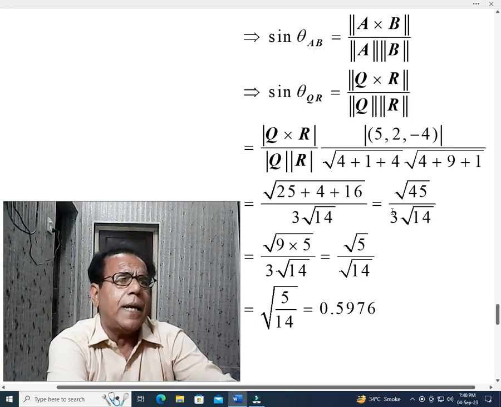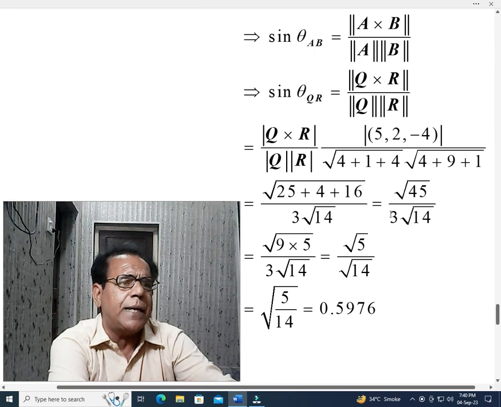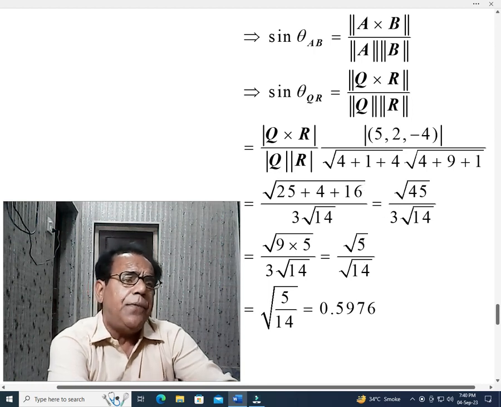It can be written as 9 into 5, so 3 will come out and 3 will be cancelled with this, and hence root 5 over root 14, after simplification, becomes this.